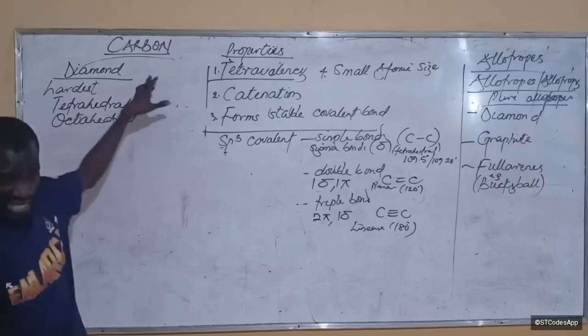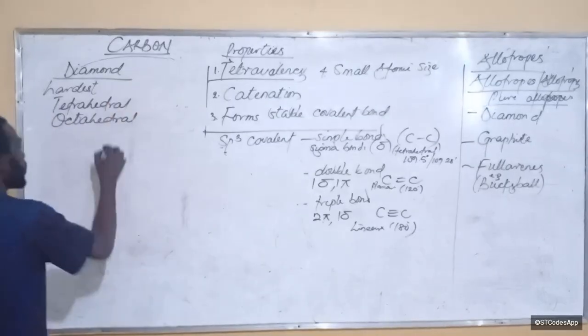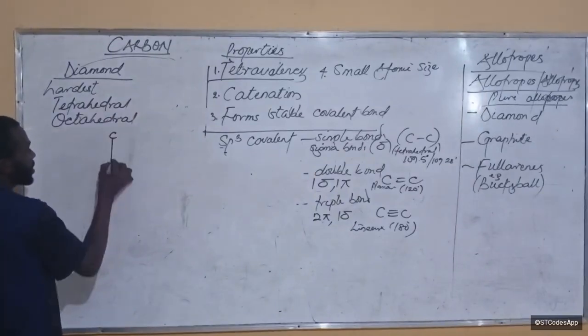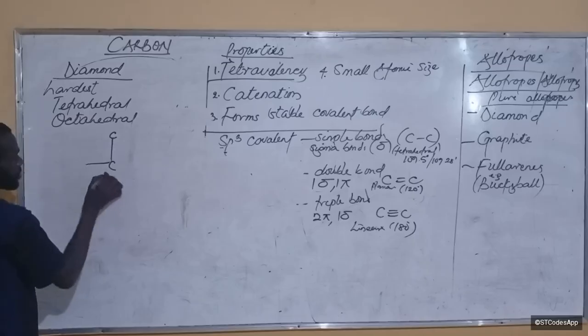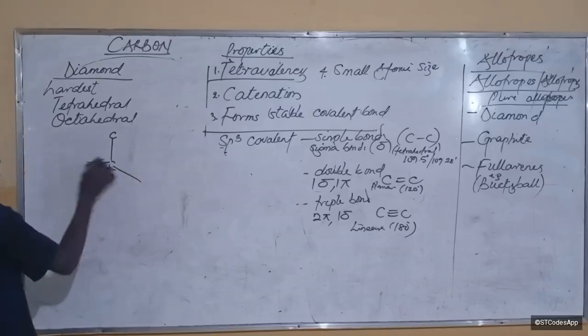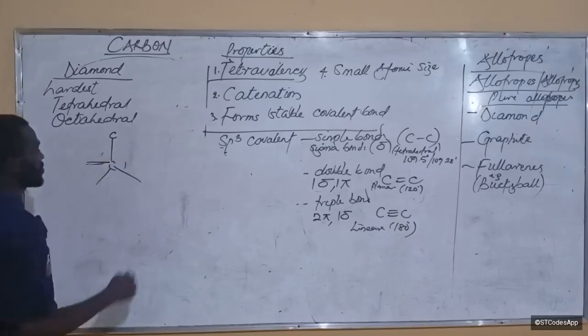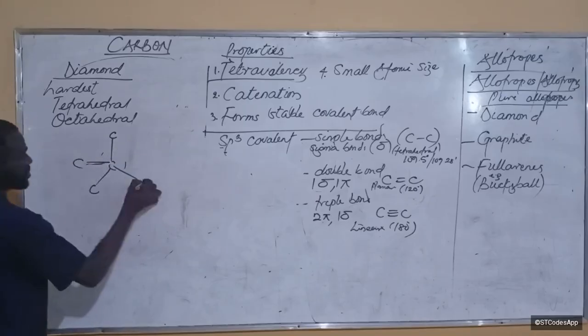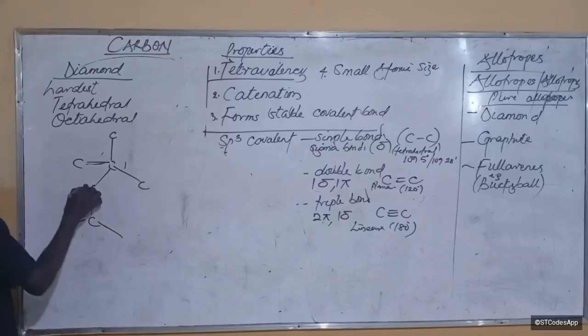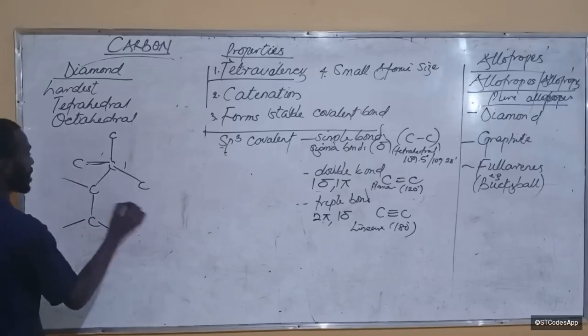Each carbon in a diamond is bonded like this. You see this? There is a bond angle of 109 degrees about every carbon. This one here is bonded to another, and forms another tetrahedral geometry with another carbon.